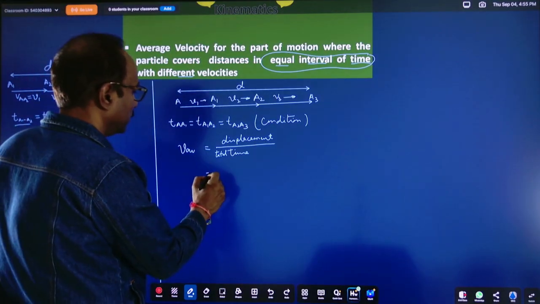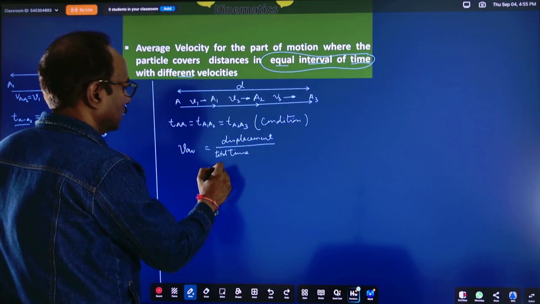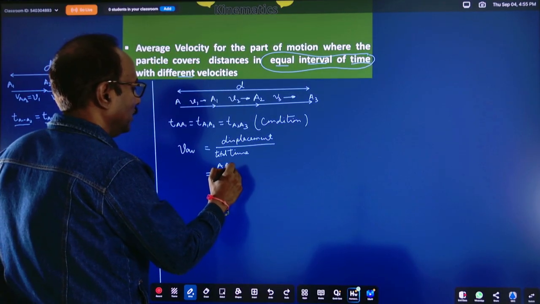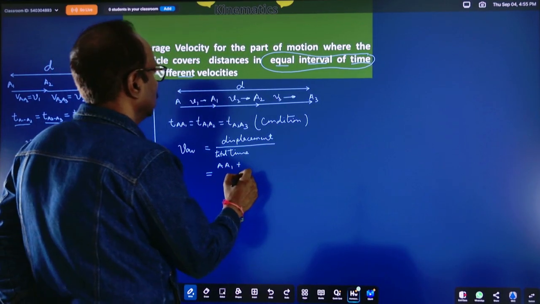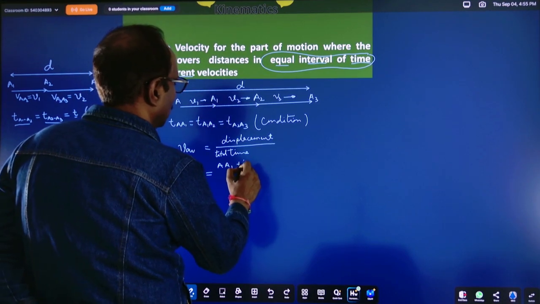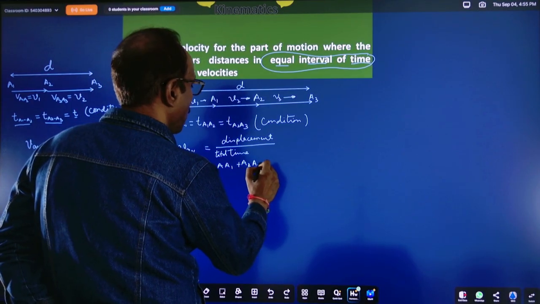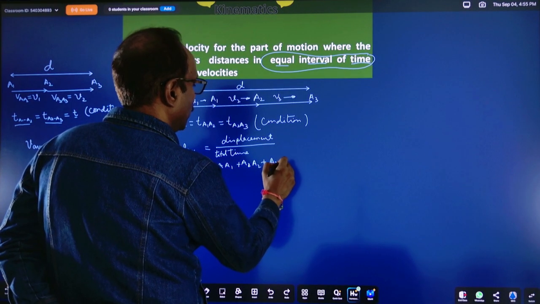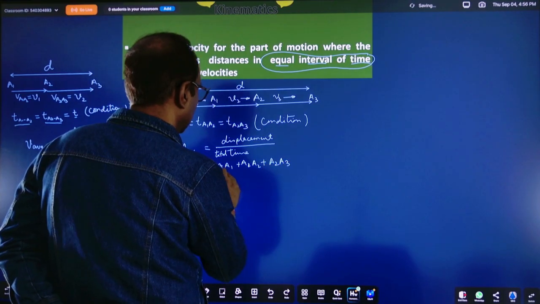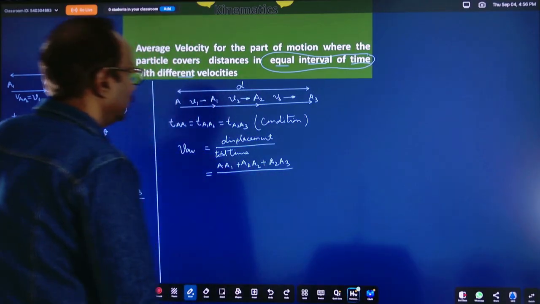How much is your displacement? A A1, A1 A2 plus A2 A3, divided by total time.